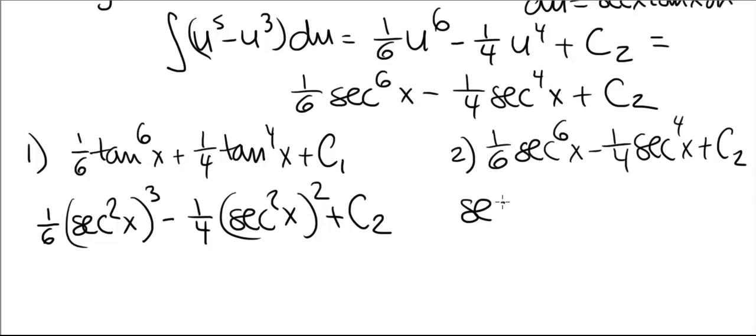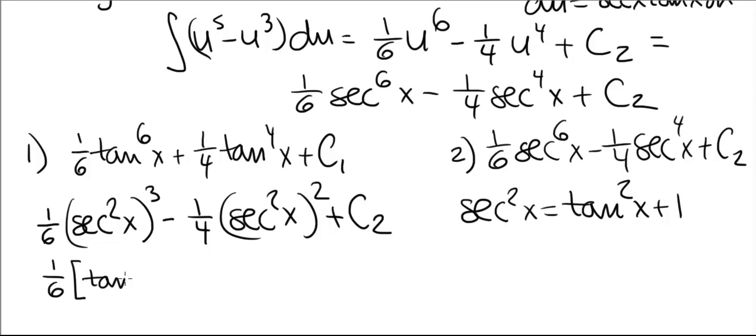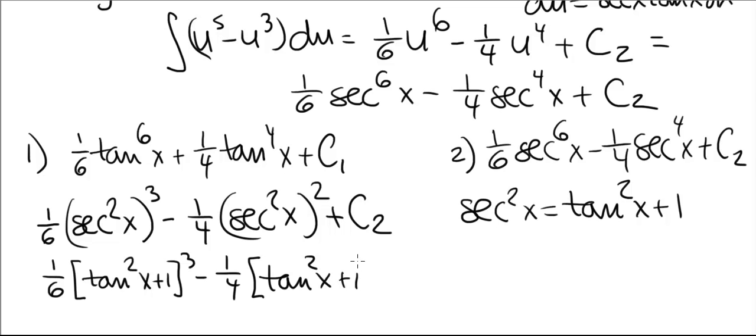Using the identity secant squared x equals tangent squared x plus 1, we'll replace secant squared by tangent squared plus 1. So we get 1/6 times tangent squared x plus 1 cubed minus 1/4 tangent squared x plus 1 squared plus c2.